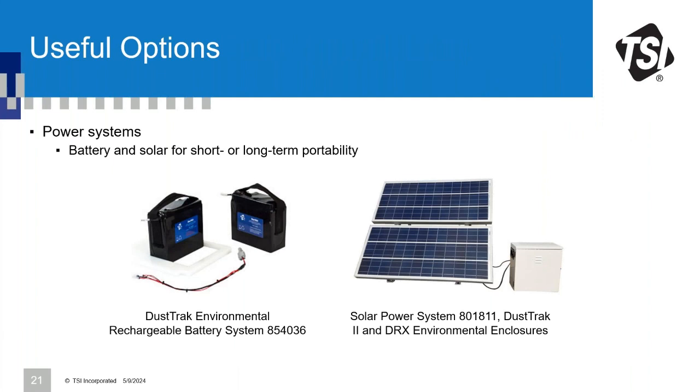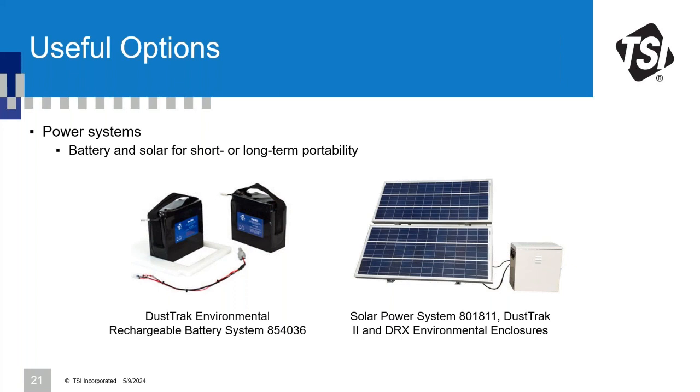Just to touch upon power systems. Battery power is available. It's probably our more popular option to power the unit. AC power is also an option if that's available. Some sites would have that, some sites do not. The solar power option is a very good option here.